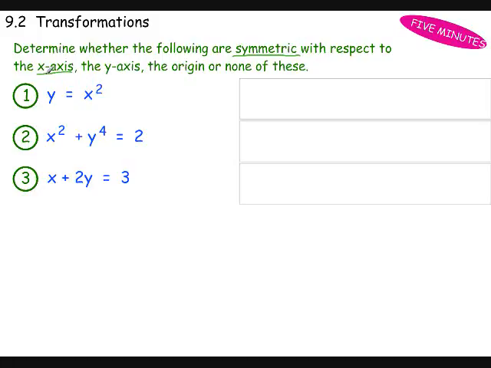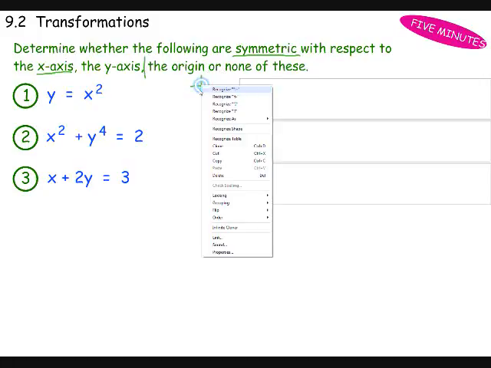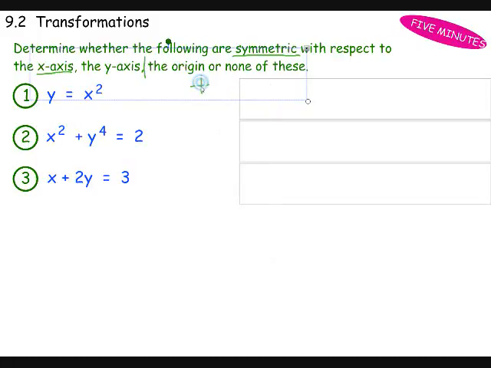We'll see if we have symmetry with respect to the x-axis, the y-axis, and the origin. Or in some cases, none of those will apply.